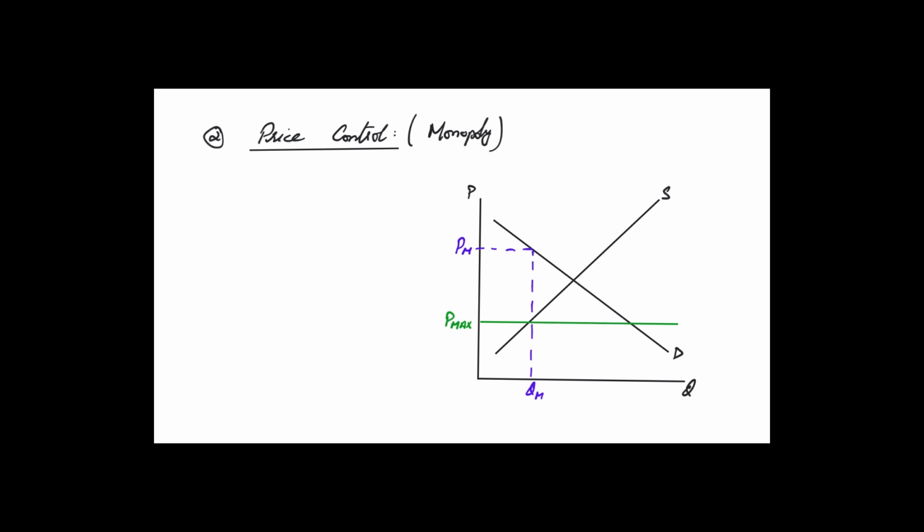And when they do that, we can see over here this quantity QM that the monopoly was producing, they can't charge anything more than P max. It becomes illegal to charge this price. So until and unless they have an ability to sell it illegally, they might do it.